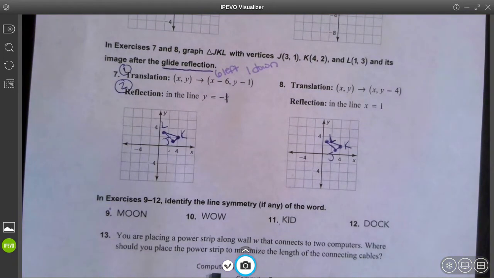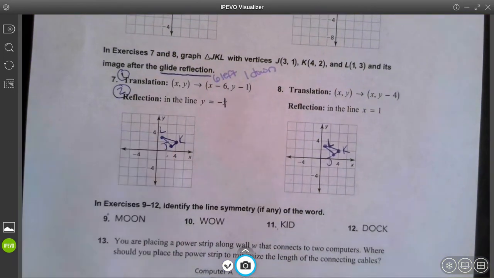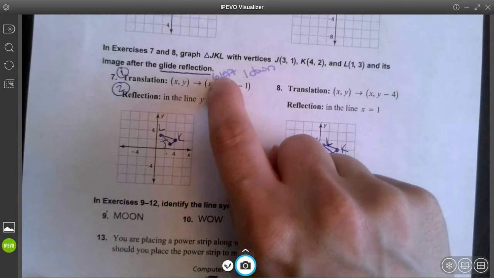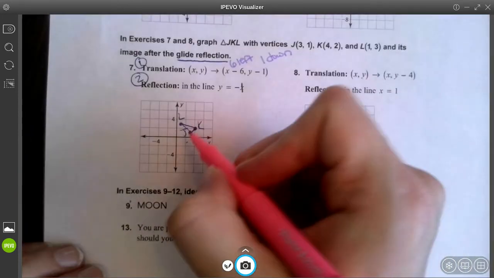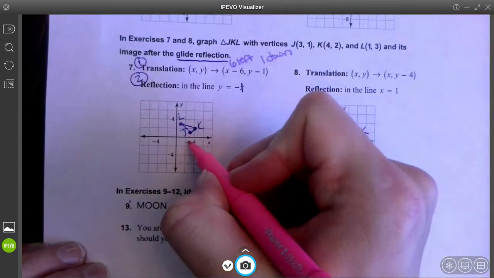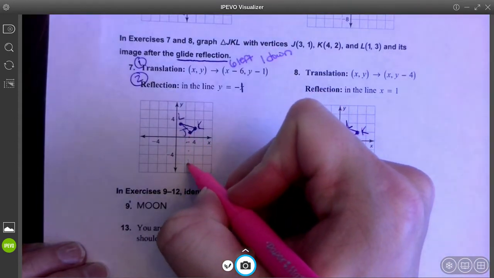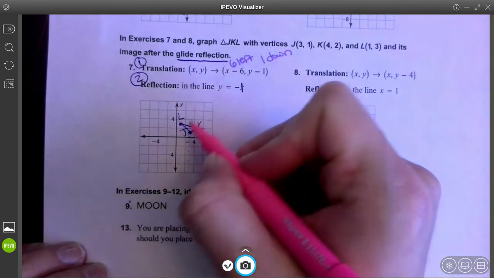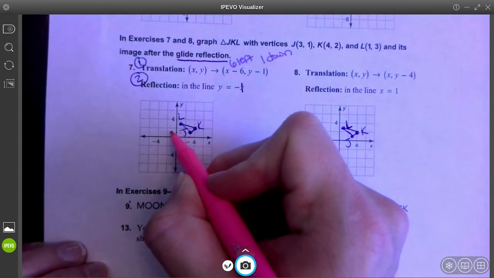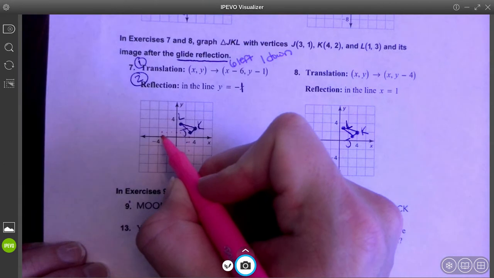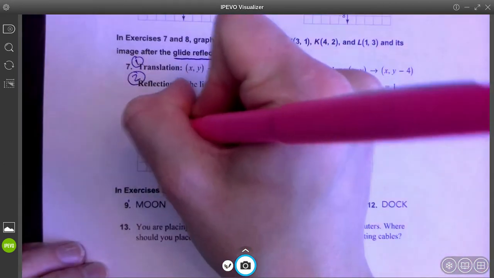I'm going to go ahead and take each point and slide them 6 units left and 1 unit down. So J, 6 units left, sorry. 1, 2, 3, 4, 5, 6, and 1 unit down. I'm going to label it with a J prime.